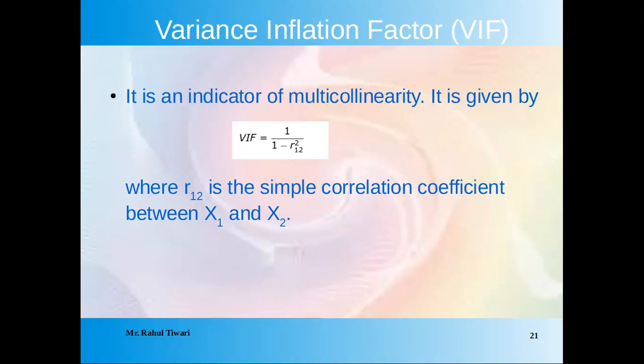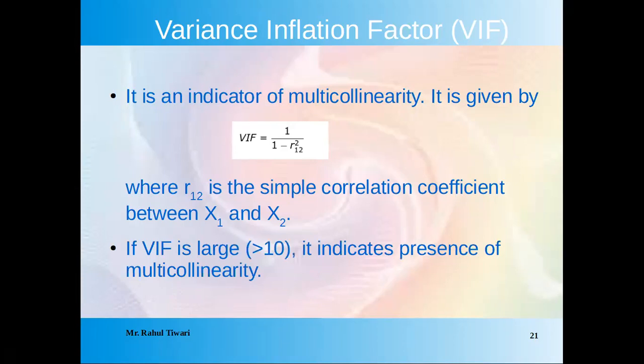I have just considered x1 and x2; we can consider 2 and 3, or 1 and 3, like that. It is based on the data. And what is the condition? If VIF is large, greater than 10, it indicates the presence of multicollinearity.